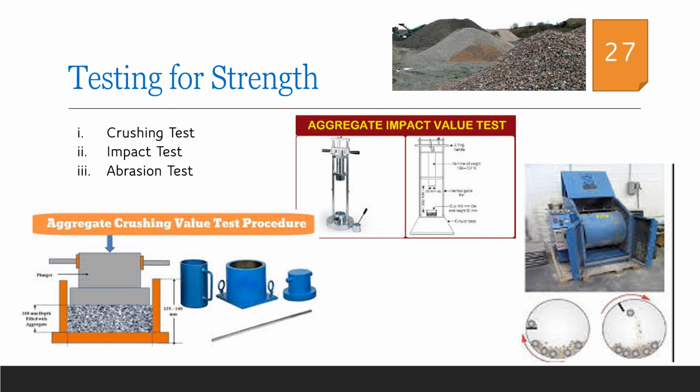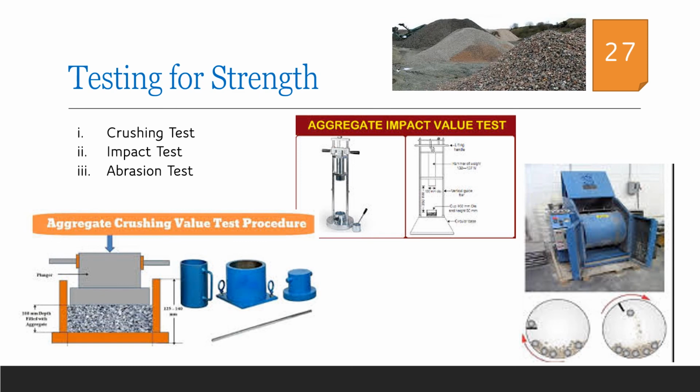We use a sample of say 5 to 10 kg of aggregates along with these balls, and it is rotated at 30 to 33 rpm for about 500 to 1000 revolutions. After that it is taken out, and the percentage of aggregate passing through the 1.7 mm sieve gives an indication of the strength of the aggregate. So you can collect all the particular details about these tests as per the IS codes and make a note of it.